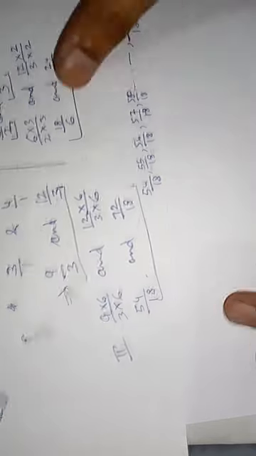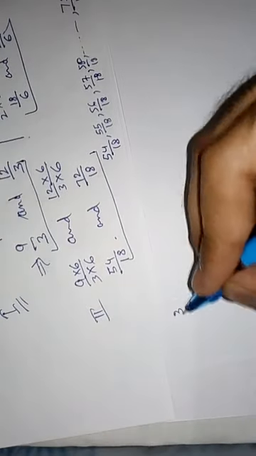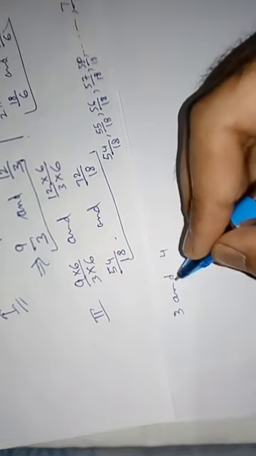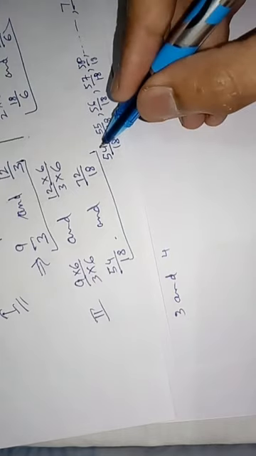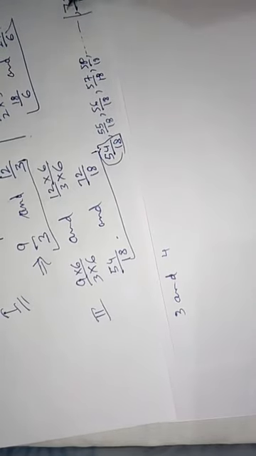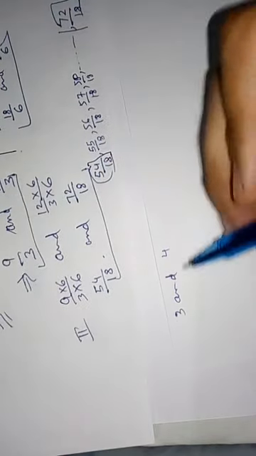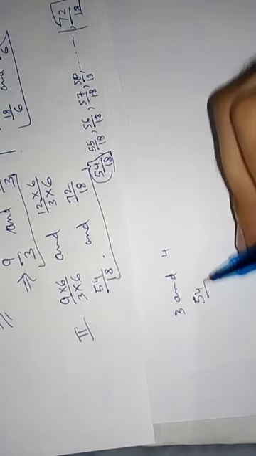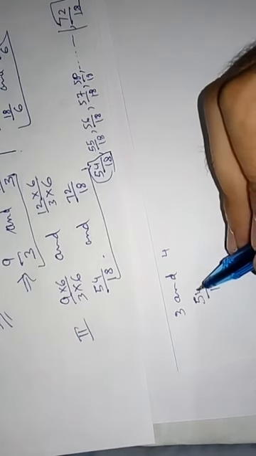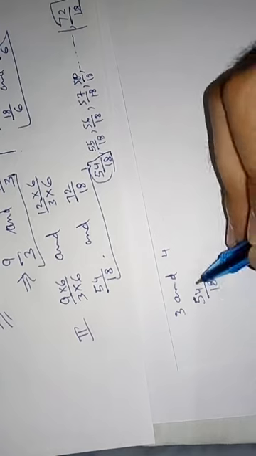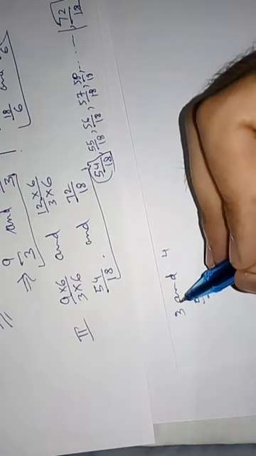So the fractions between 3 and 4 you can write from this, because 54 by 18 means 3 only, because when you cancel it with the table of 18, it will become 3 only.